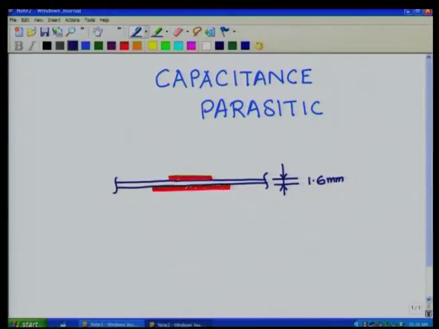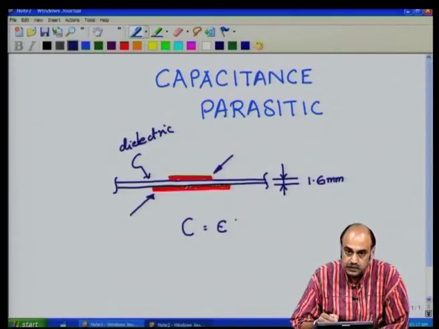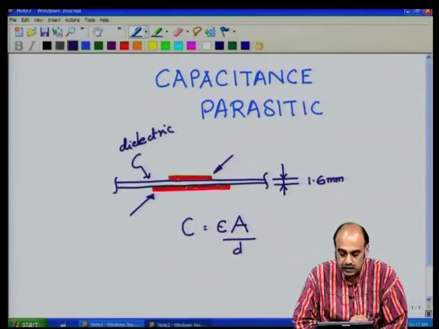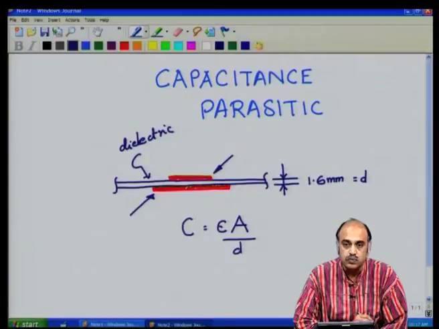Now, this copper track here and this copper track here, separated by this dielectric of some known relative permittivity, we can estimate the capacitance C, because they now act as a parallel plate capacitor: C equals epsilon A by D, where A is the overlapping area and D is the distance, which in most cases is 1.6 mm.